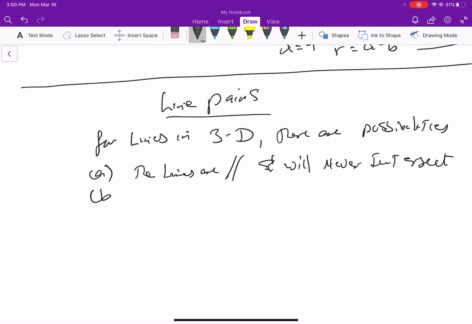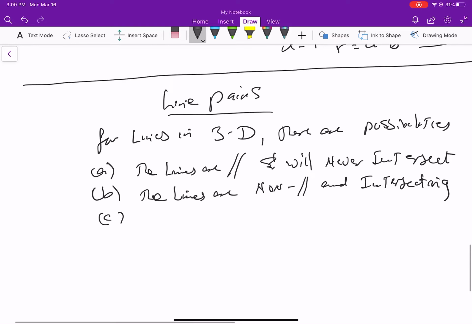B, the lines are non-parallel and intersecting. And the third scenario, the lines are non-parallel and non-intersecting.